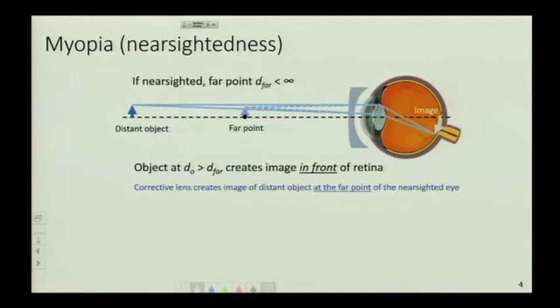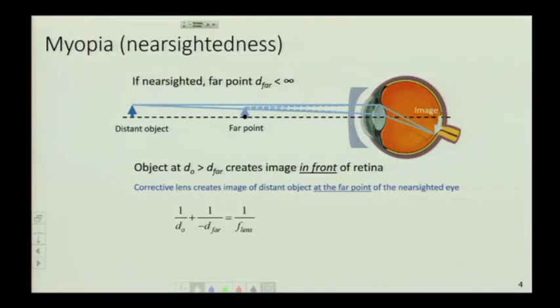So here's my object. The first step in this is to take that object distance and create an image at the far point. So the image distance is the far point. Since this image is in front of the eye, that far point is a negative distance, okay, because the image is forming in front of the lens.